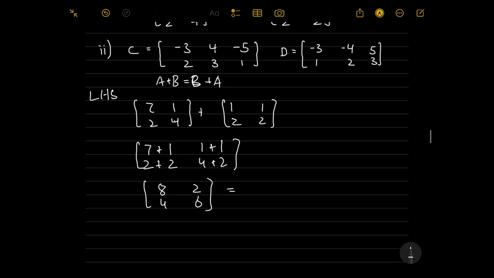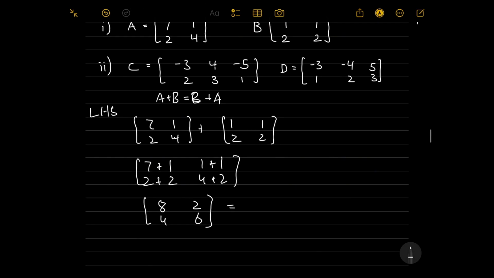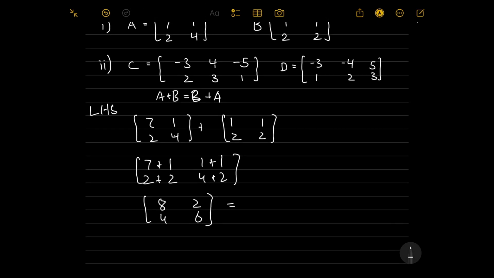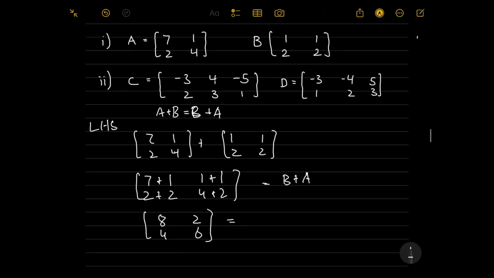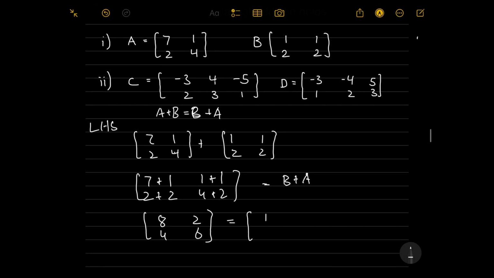Now the right hand side, which is b plus a. So b is 1, 1, 2, 2, plus 7, 1, 2, 4.